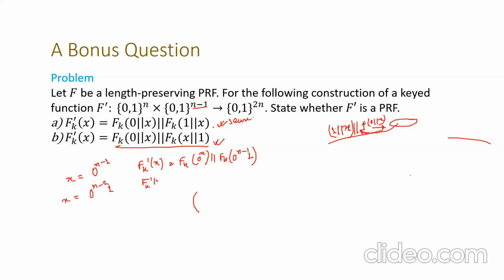Then what is the output of the PRF? If it is a PRF that is interacting with the adversary, then it becomes 0 to the power n minus 1, 1 concatenated with fk of 0 to the power n minus 2, 1, that is, n minus 2 zeros and 2 ones. Now looking at these two outputs, the second half of the first string and the first half of the second string will be exactly the same if it is interacting with a PRF, with probability 1.